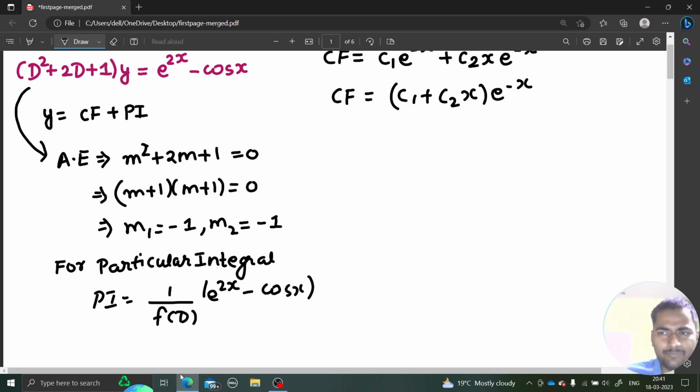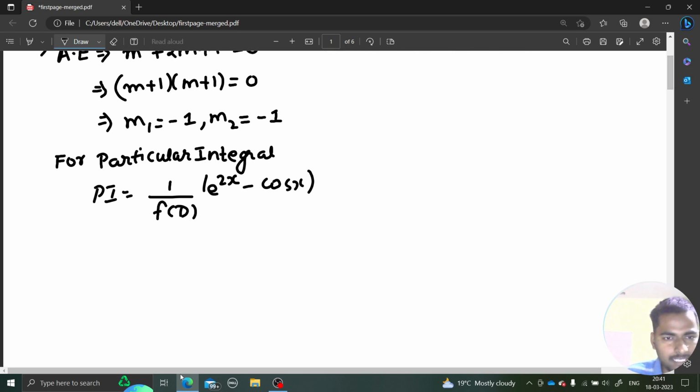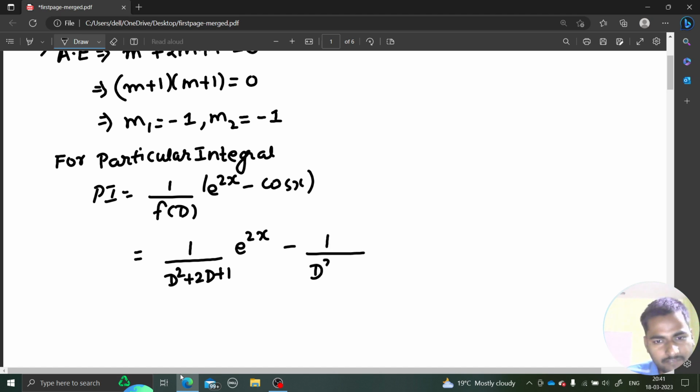So I can rather break this into two parts. That will be something like this: 1 upon f of D, which is D square plus 2D plus 1, operating on e power 2x, minus 1 upon again f of D, which is D square plus 2D plus 1, operating on cos x.